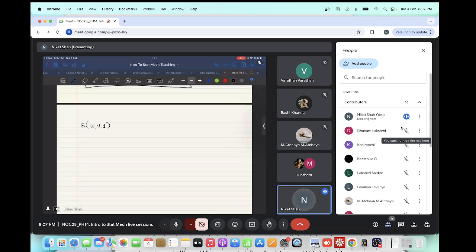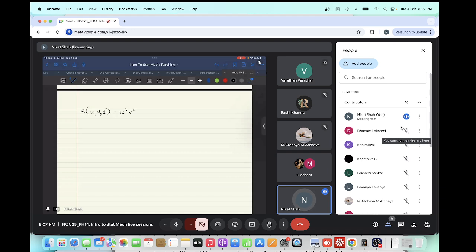So practically this is also entropy per particle. Now from here I want to evaluate the total entropy, so I have to simply multiply by the number of particles N. S of U, V, N is simply N into S of U by N, V by N, 1.